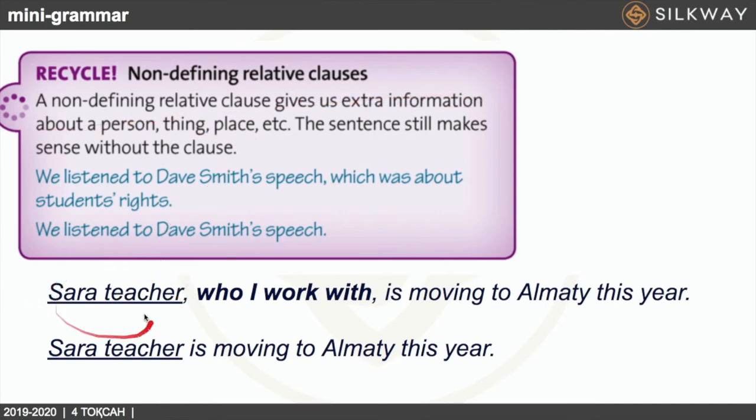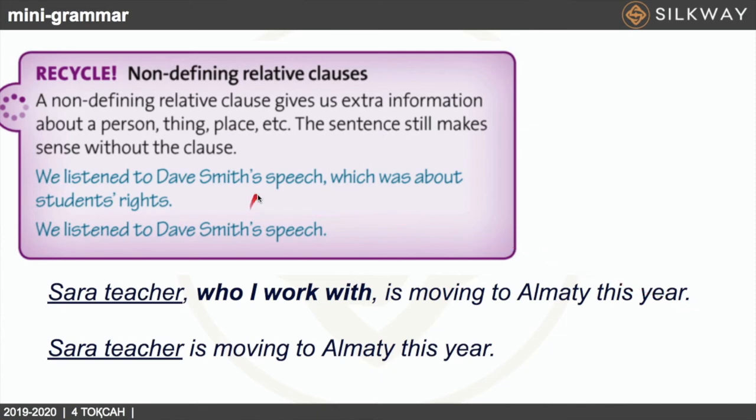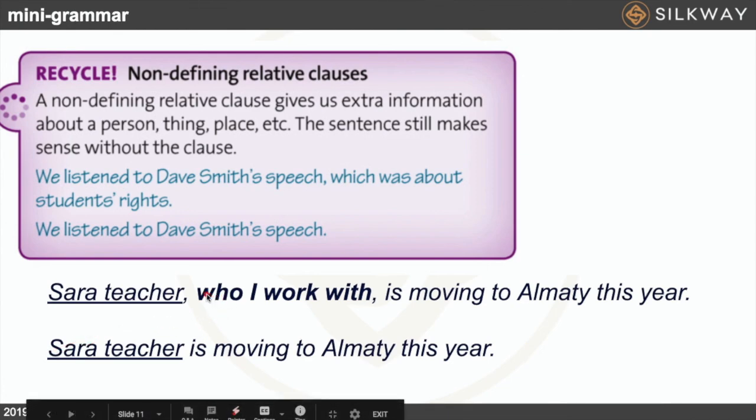For example, here we have a person, and this is extra information about this person, but the sentence still makes sense without the clause. For example, Sarah, the teacher who I work with, is moving to Almaty this year. So we have to use commas, and if we take it out, Sarah is moving to Almaty this year, the sentence still makes sense without this clause.